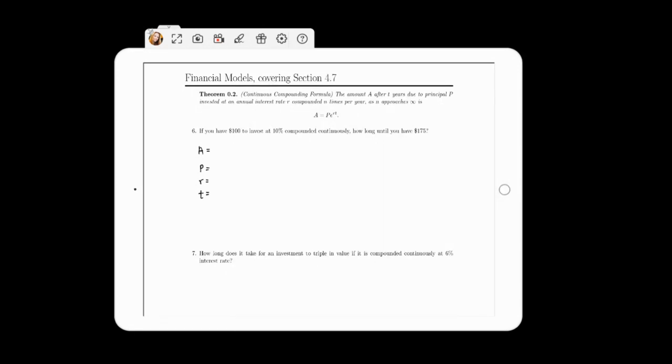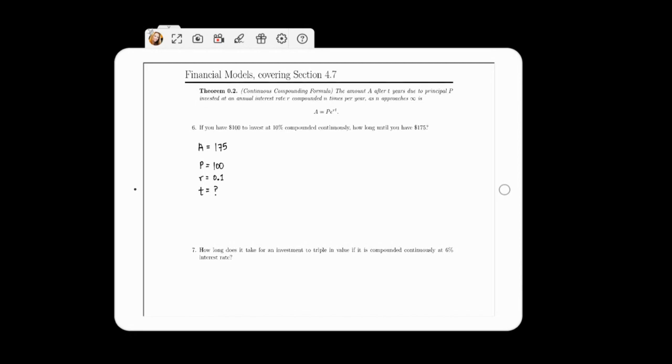Okay, so we're investing $100, so P equals 100, and we want to get $175, so A is 175. We're given that the interest rate is 10%, and the question is how long? So we're trying to solve for t.